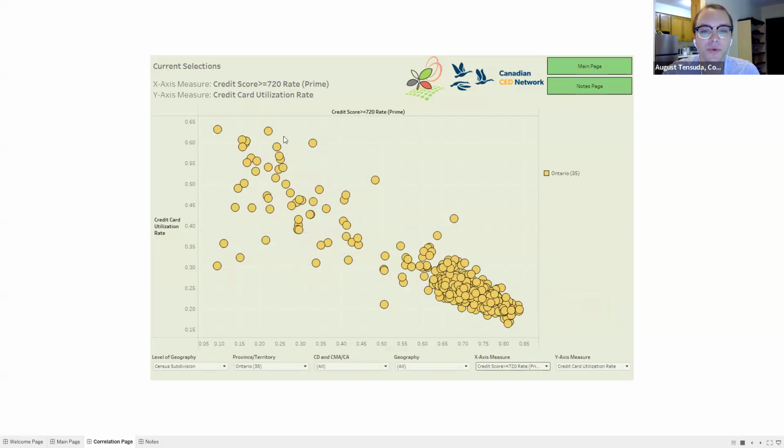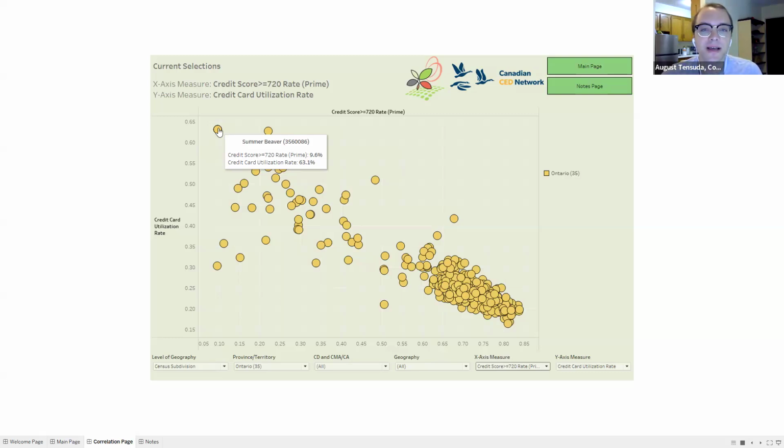On the left side, it's more spread out, and you can see that just because they have a low credit score, doesn't really say much about their credit card utilization rate because you have North Spirit Lake here, which has 9.5% prime rate and 30% utilization rate, and then you have Summer Beaver, which has nearly the same prime rate at 9.6%, but double the utilization rate at 63.1%.